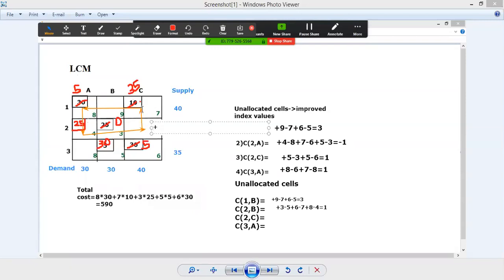Design the signs. Now compute the net cost. That is plus 5 plus 5 plus 5 minus 7 plus 8 minus 4, which is equal to 2.